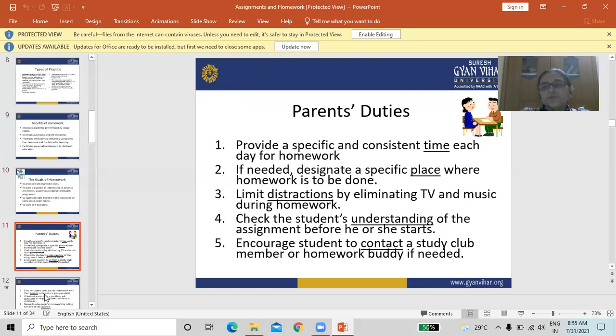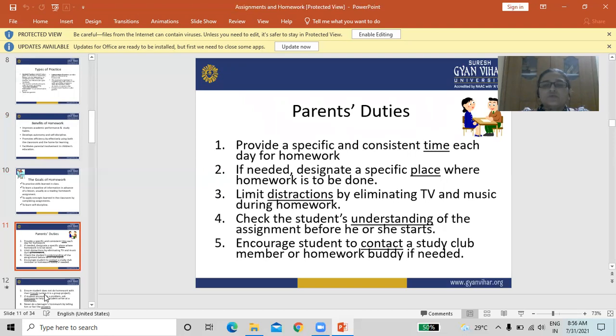Parent duties in homework and assignment. First, provide a specific and consistent time each day for homework.